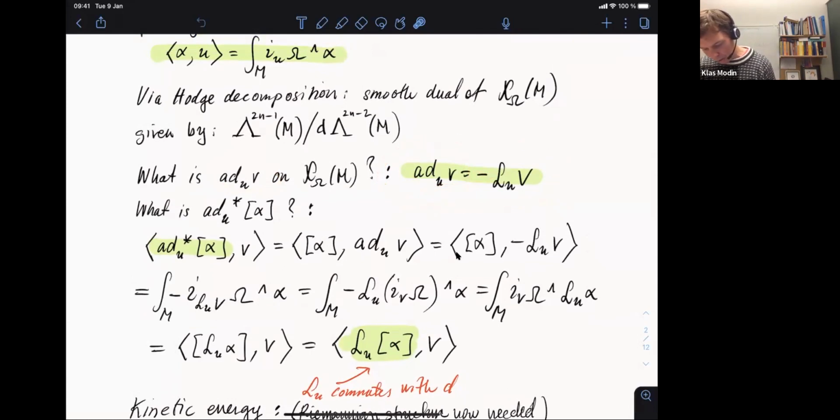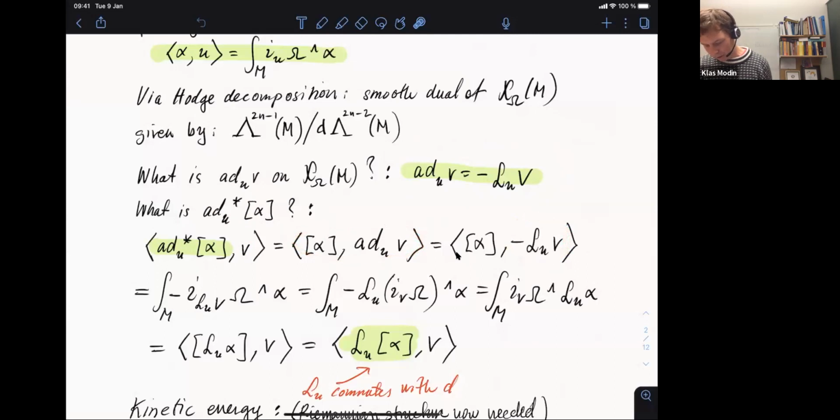So that's why I have the minus sign here. So we know what ad is. Now we want its dual acting on a coset. So remember, the dual elements are now cosets. So how does it look? Well, by definition, if I pair it with some vector field V, it must be this thing here. So then I just plug in what ad U is. It's the Lie derivative.